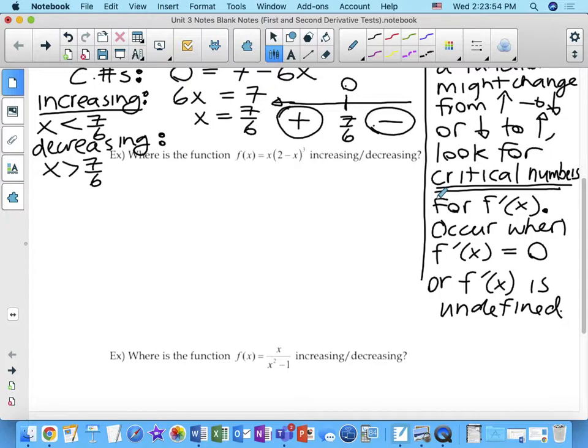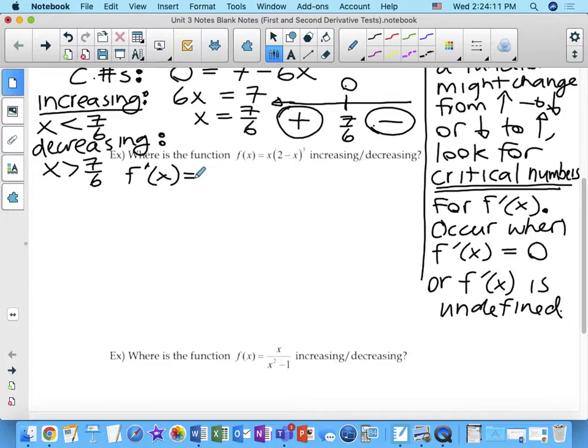Now, this is a product rule, and here we're also going to have to do the chain rule. Okay, so f prime of x is going to be x is u, 2 minus x all cubed is v.